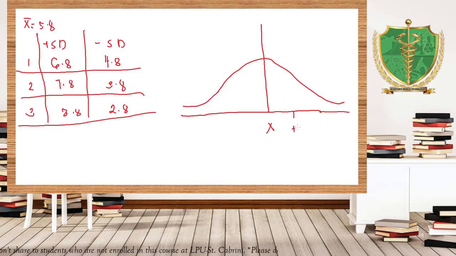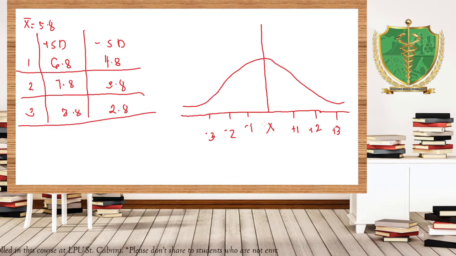Then the positive 1, the positive 2, and the positive 3. Negative 1. Let's remove the line. The negative 1 SD, negative 2 SD, negative 3 SD. That is our normal distribution curve.